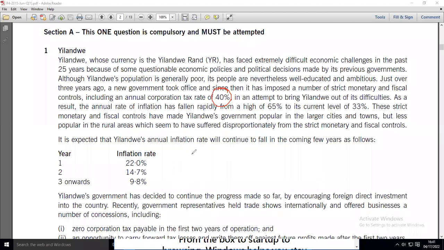So, the company has invested or expects to invest in Y. And there they are going to be, the first 2 years is nothing, that they're going to pay tax at 40%.